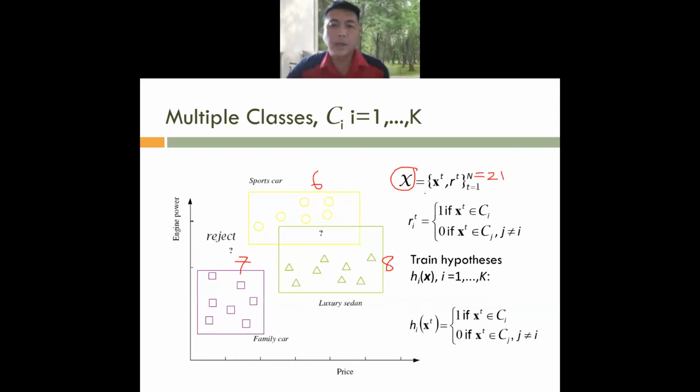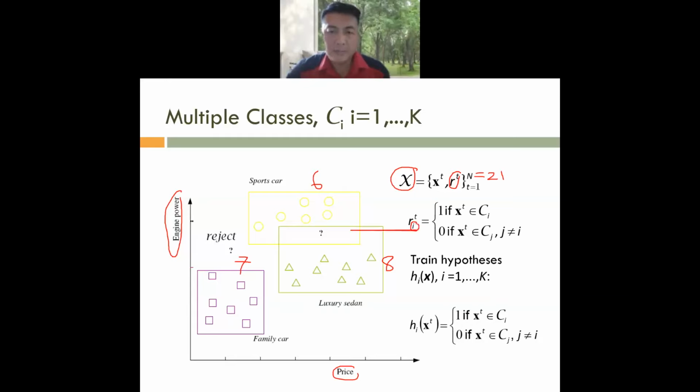In our training set, we have 21 samples, and each sample here is represented by the price and also the engine power, and then each one of them will have their own label.